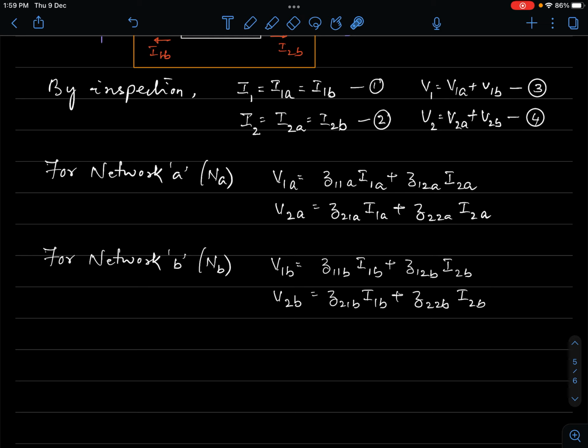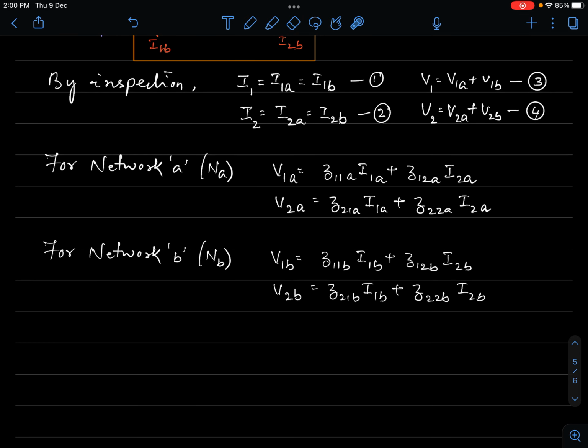So we will write V1A is this, V1B is this, and substitute. And then we will substitute for V2A and V2B in equation 4. Because ultimately what we are interested in is the relationship of V1, V2 with I1, I2.